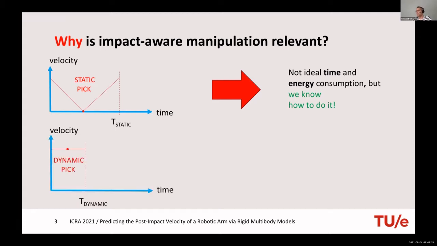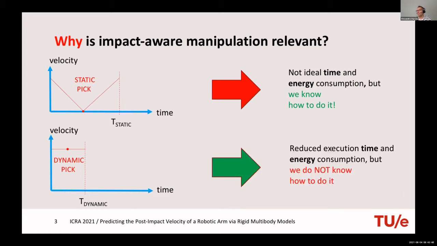But humans don't do this, or at least humans can do more. What we can do is, for example, dynamic picking. We can grasp objects, so we don't have to stop at the moment we make contact with the environment. We know what is going to happen. For that reason, we also reduce the time for performing these kinds of operations.